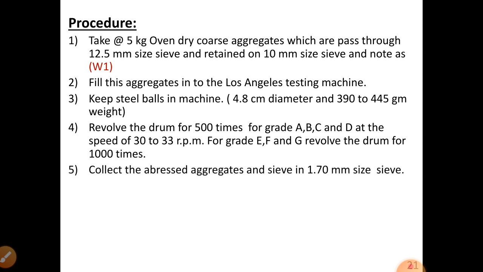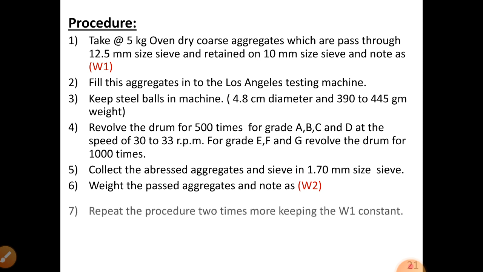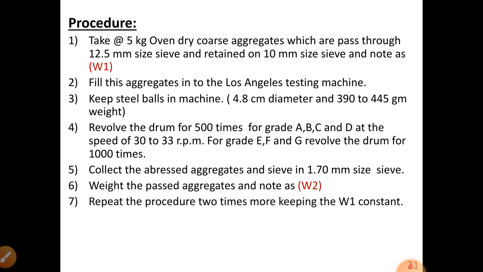Collect the abraded aggregates and sieve in 1.70 mm size sieve. Weigh the passed aggregates and note as W2. Repeat the procedure 2 times more, keeping the W1 constant.